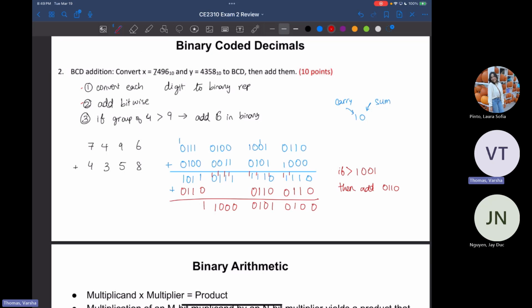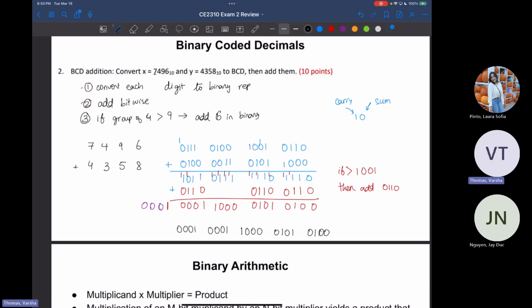And then this was 1, 0, carry the 1, and then 1 up front. Okay, perfect. And then we're going to pad this with 0, so we get 4 numbers. So our final answer for this is 0, 0, 0, 1, 1, 0, 0, 0, 0, 1, 0, 1, 0, 1, 1, 0, 0.